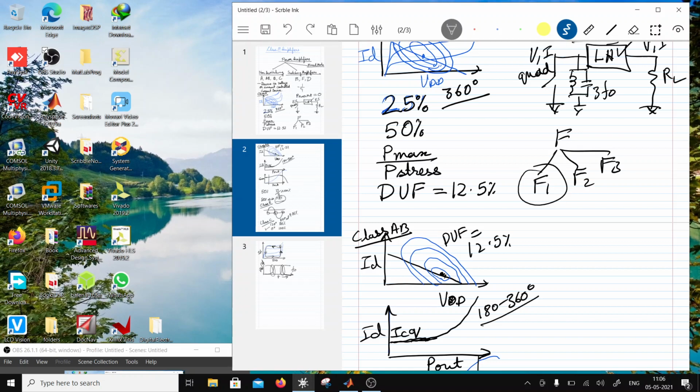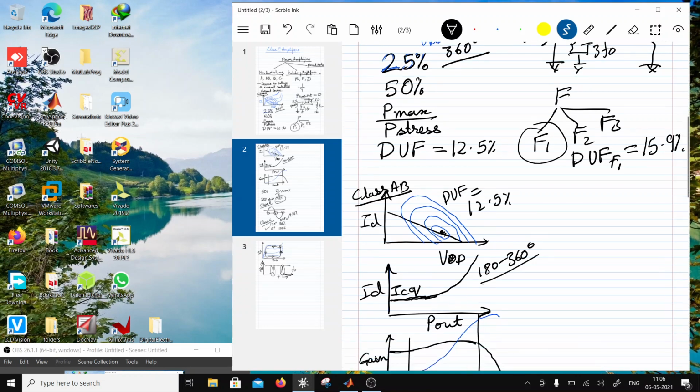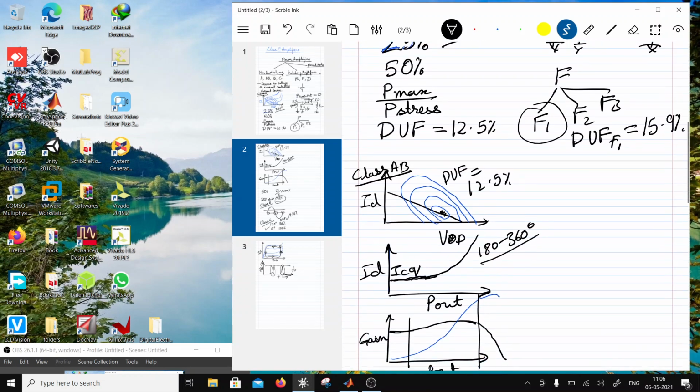So in this case, for a given small size device, you are able to deliver more power. That means that the device utilization factor for class F1 is going to be 15.9%. So you see that I can deliver more power from a smaller device.